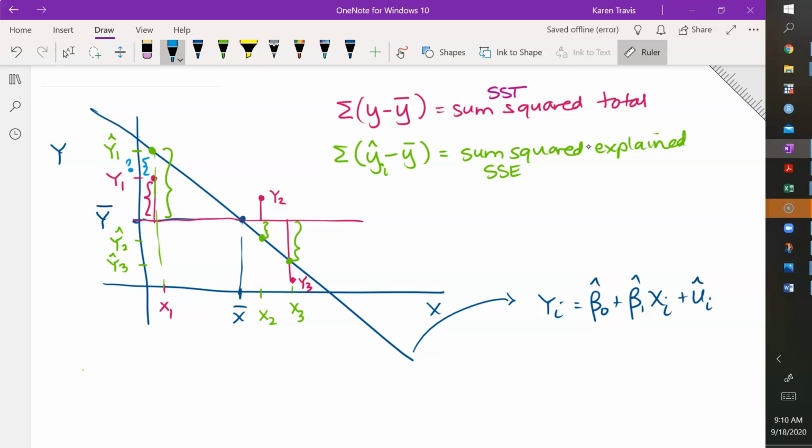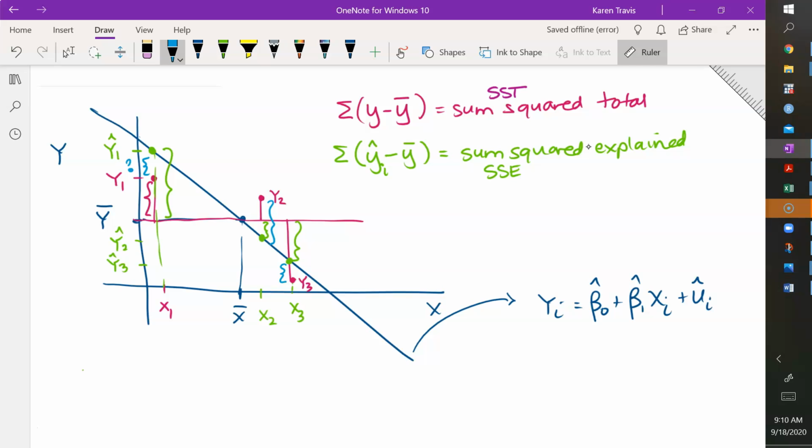In the case of my next one, the gap between the data point and the line is this. In the case of the last one, the gap between the data point and the line is this.